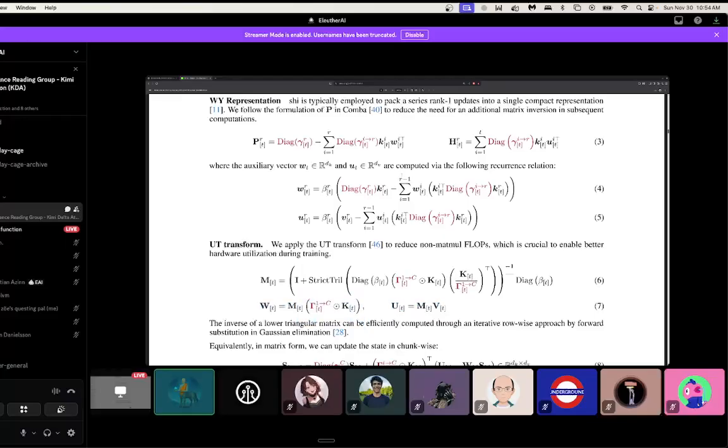So we have this common structure in that we have this sort of Gram-Schmidt orthogonalization type structure in both cases, same keys, same decay, diagonalized cumulative decay measures.